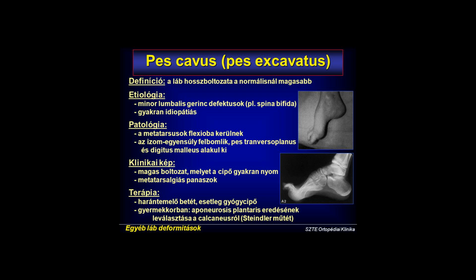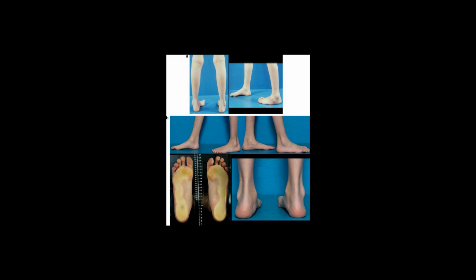Cause. Pes cavus may be hereditary or acquired, and the underlying cause may be neurological, orthopedic, or neuromuscular. Pes cavus is sometimes, but not always, connected to hereditary motor and sensory neuropathy type 1, Charcot-Marie-Tooth disease, and Friedreich's ataxia. Many other cases of pes cavus are idiopathic.